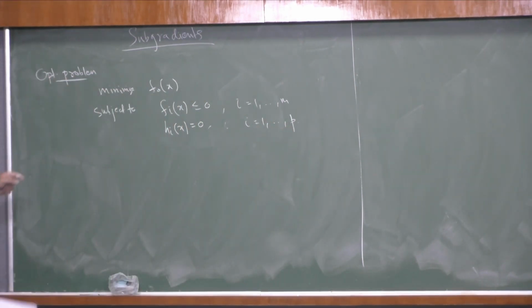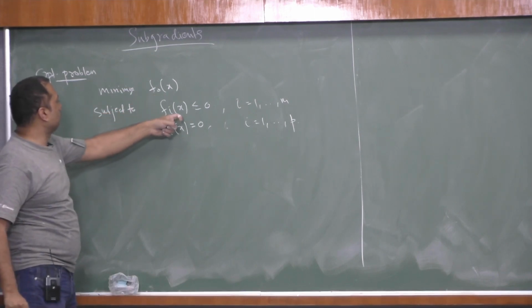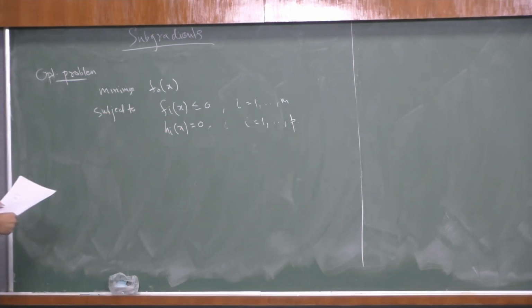A generic optimization problem will have some objective to be minimized and then some inequality constraints and equality constraints.